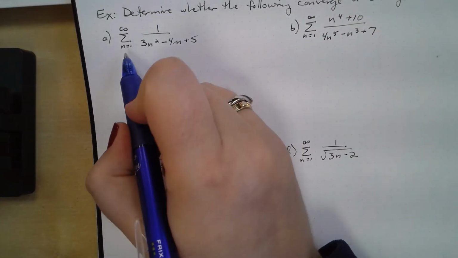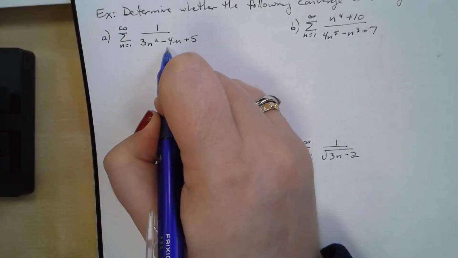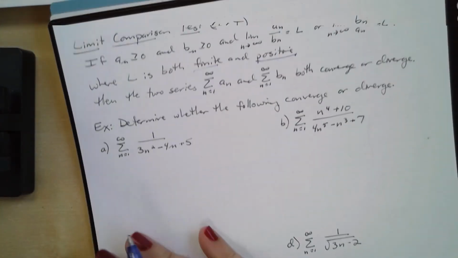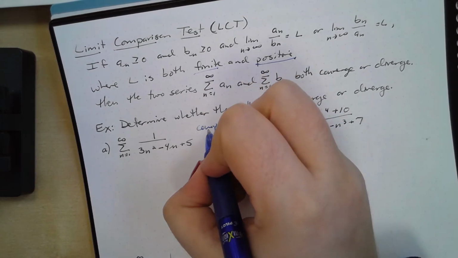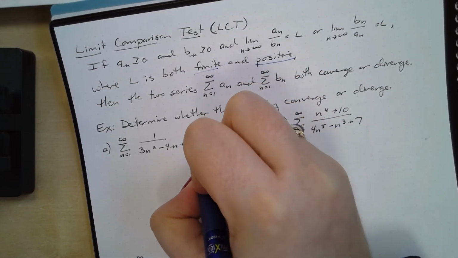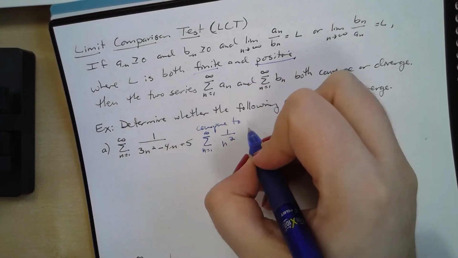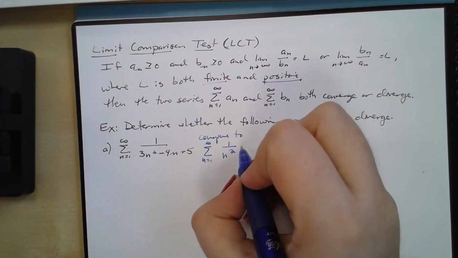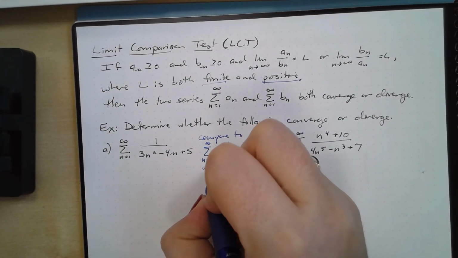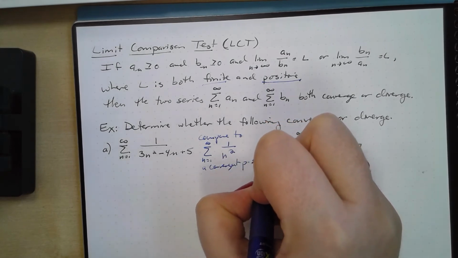We have the series from 1 to infinity of 1 over 3n squared minus 4n plus 5. Let's compare this to the sum from n equals 1 to infinity of 1 over n squared. And notice that we're using simpler series, right? And this is a convergent p-series, right?